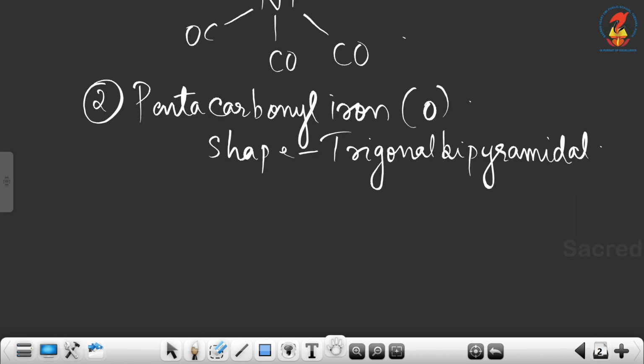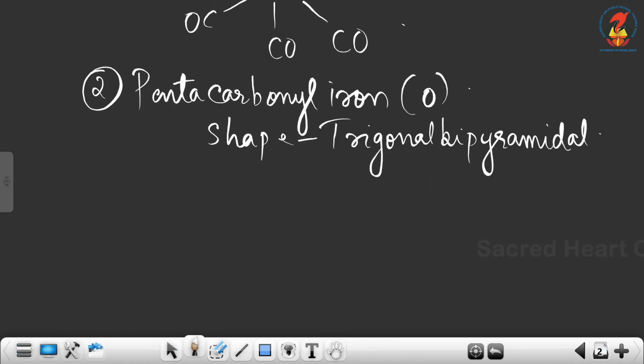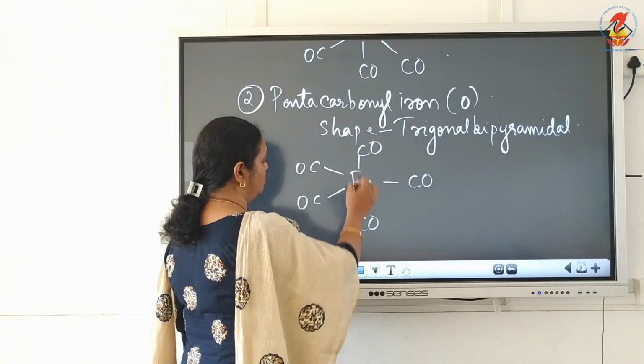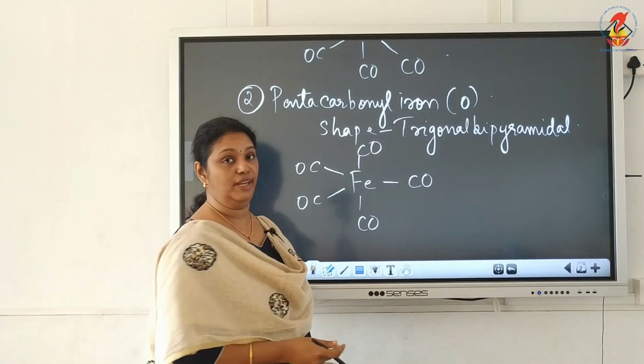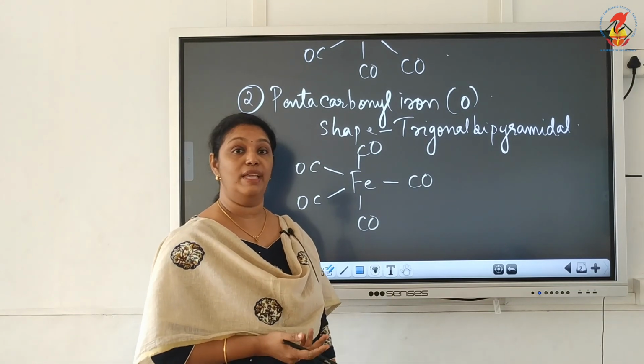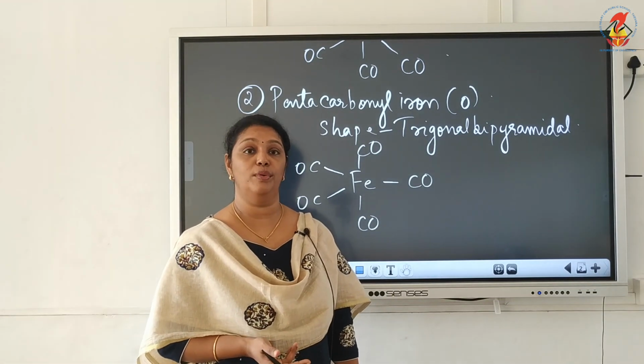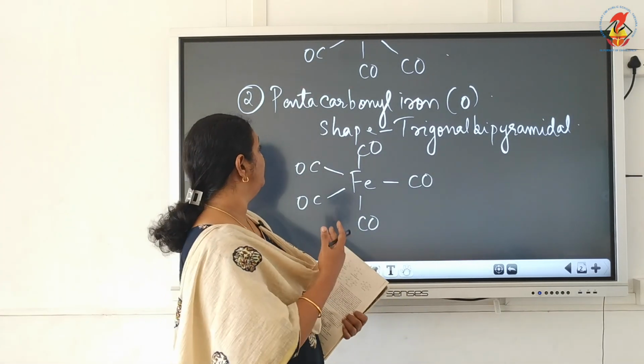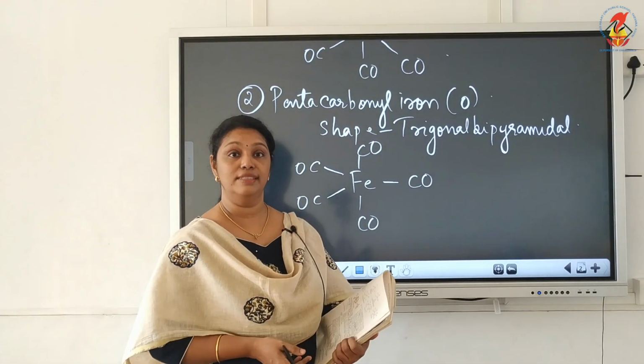When we draw it, iron is at the center with the trigonal bipyramidal shape and 5 CO groups. There are 2 axial bonds and 3 equatorial bonds. The axial bonds make an angle of 90 degrees and equatorial bonds make an angle of 120 degrees. So this is pentacarbonyl iron(0).